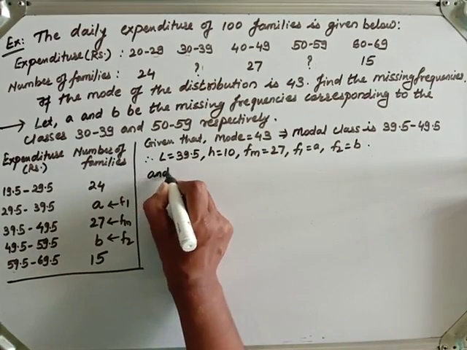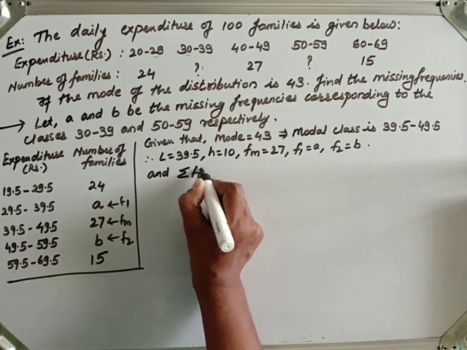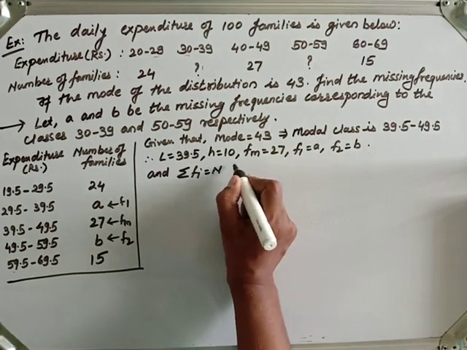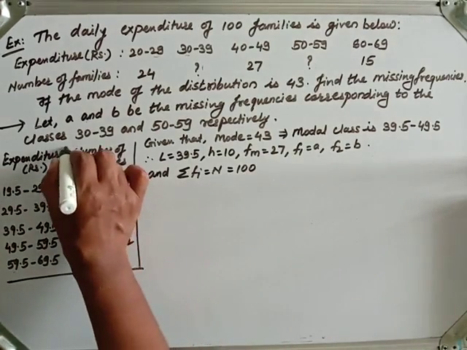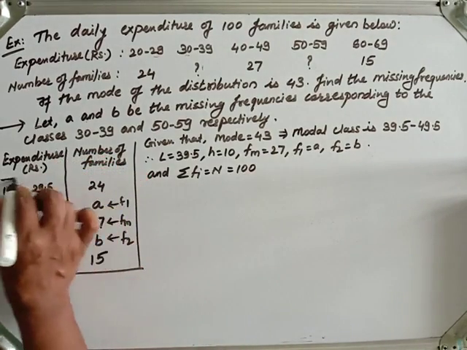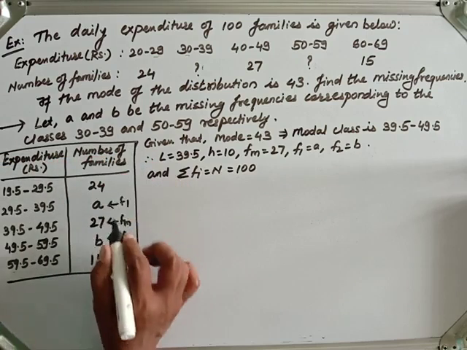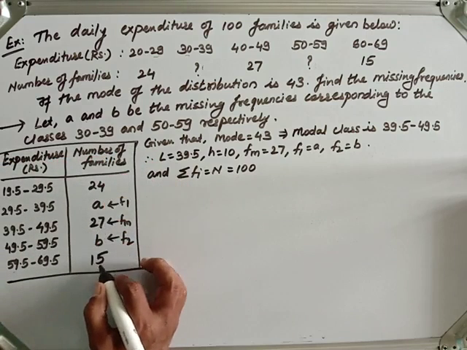And summation Fi is equal to N. That is equal to 100 here. What is this sum here? Let us check. This sum is 24 plus 27 plus 15. So it will be 66.